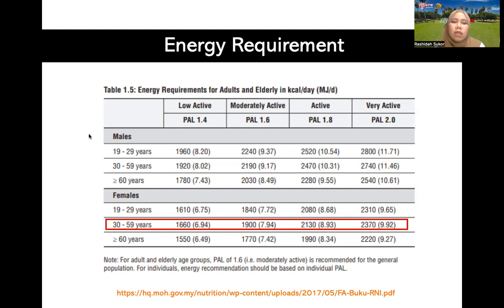If you are a low active person, using the example just now at 45 years old, you need about only 1660 kcal per day. If you burn around 1300, there is about 300 left to burn. So you have to make sure you burn that 300 by doing physical activity, and not eating more than 2000.